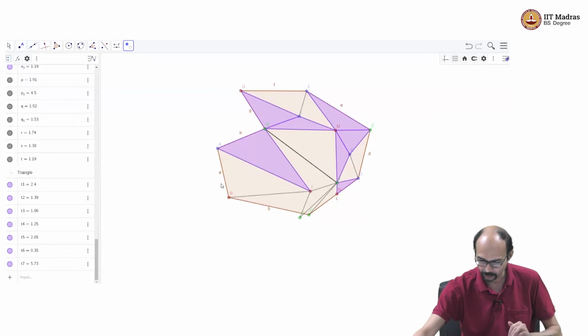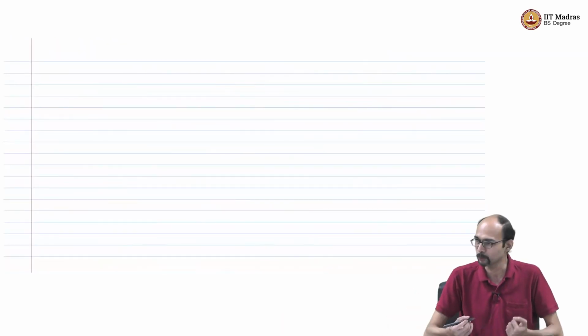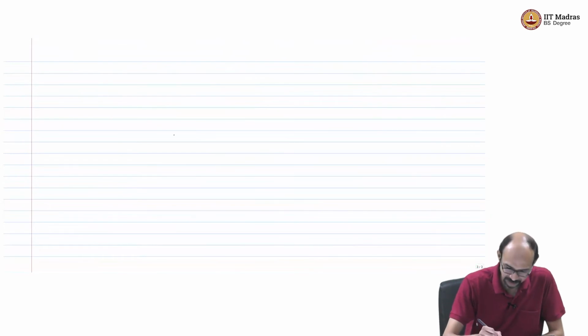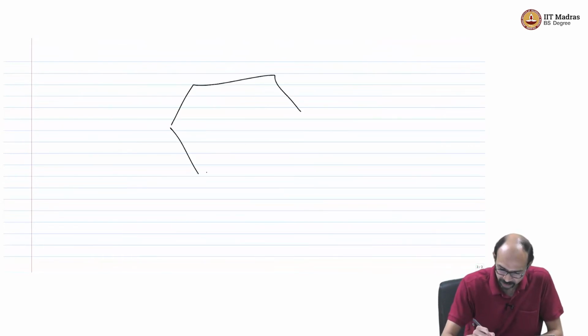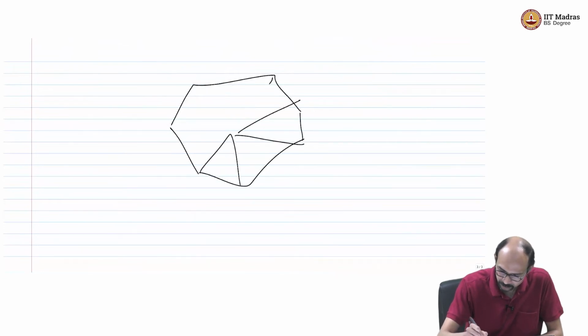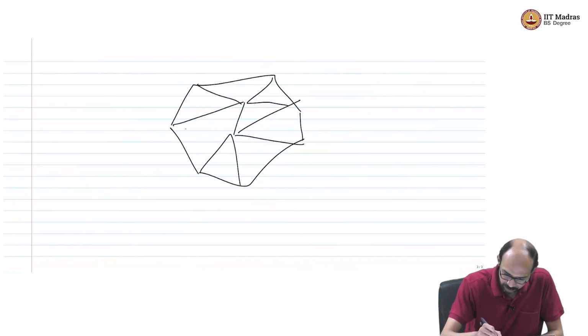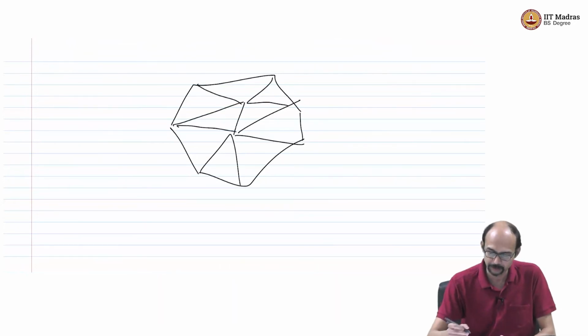So I'll just very quickly, since every math talk should have at least one proof, do this proof. So here's your polygon, and suppose you triangulate it in some way. Now we can color these.